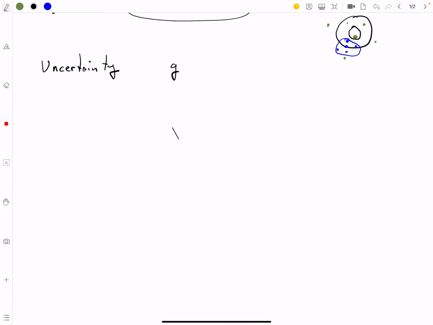Everybody knows G. It's been done 1,000 times by very serious people. And G is 9.8 meters per second squared. Okay, that's the accepted value. We're going to go with that. And in fact, every time you do an equation the rest of the semester, this is the value of G that you want to use.